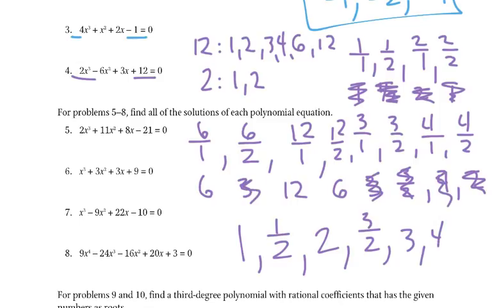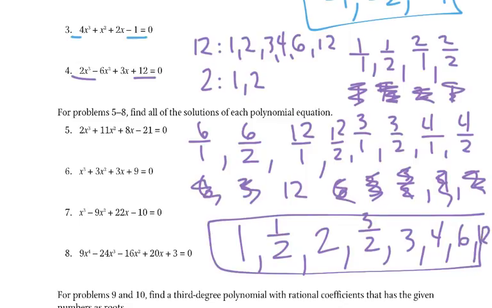We've got 4, 6, and 12. So those are all our possible rational roots here. Then what we'd end up doing if we really wanted to find the roots would be to use synthetic division till we found one and use that to simplify. Okay. Now I don't think that's the best way to do things. Okay, so let's look at 5, 6, 7, and 8.